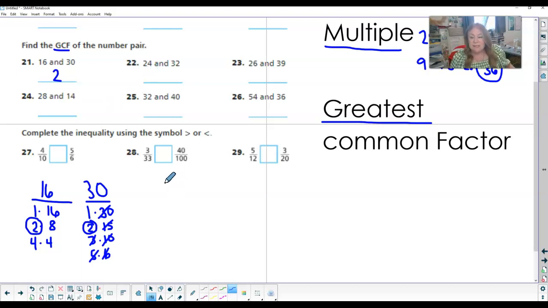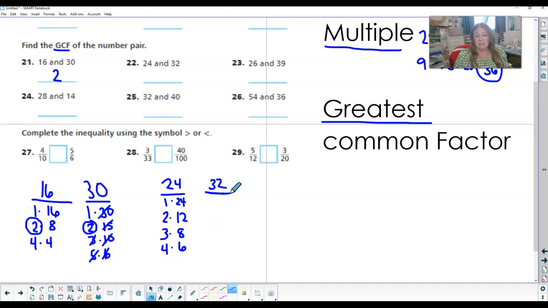Okay, so let's try this one together. 24 and 32. So we make our list. Always start with 1 and 24. And I'm going in order. I'm not just being like, oh yeah, 3 goes in there. No, I want to go in order to make sure I get all of the factors. 2, and half of 24 is 12. 3 can. 3 times 8. 4 can. 4 times 6. 5 can't.